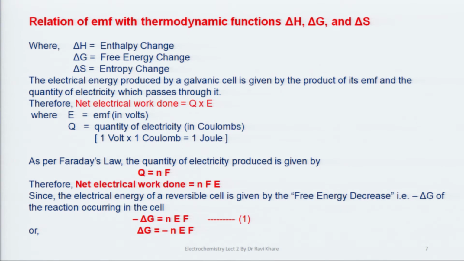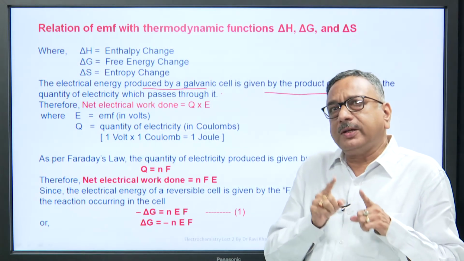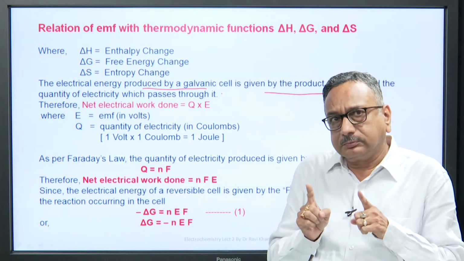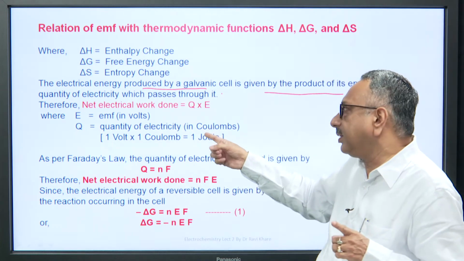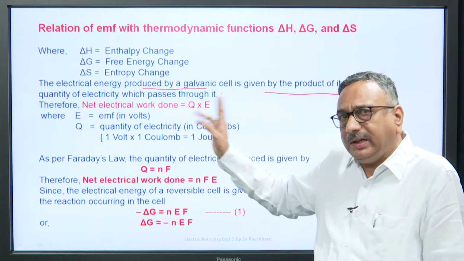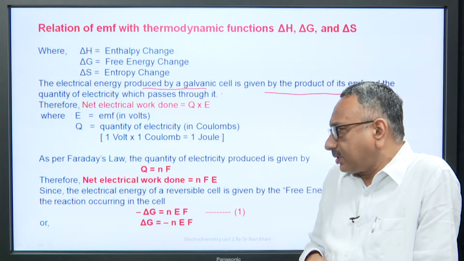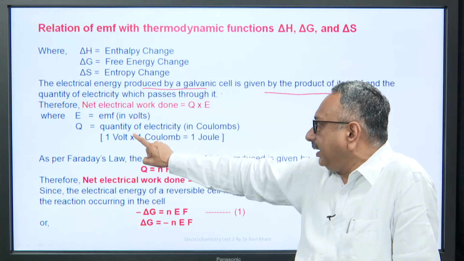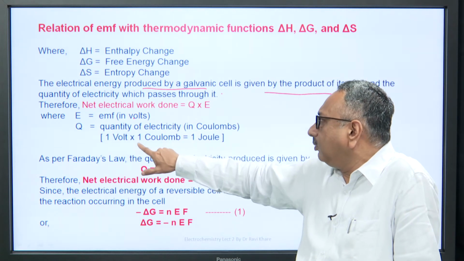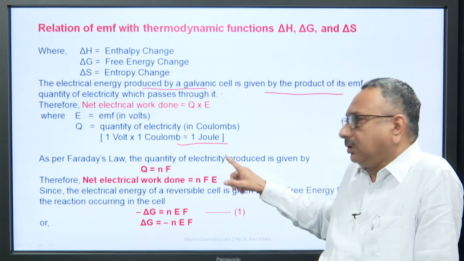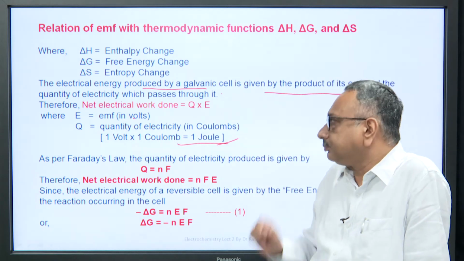The electrical energy produced by a galvanic cell is given by the product of its EMF and the quantity of electricity which passes through it. Therefore, net electrical work done is equal to Q into E, where Q is quantity of electricity in coulombs and E is EMF in volts. 1 volt times 1 coulomb is 1 joule, the unit of work done.